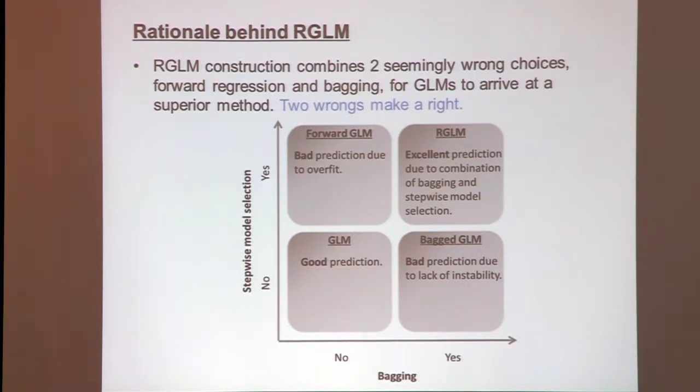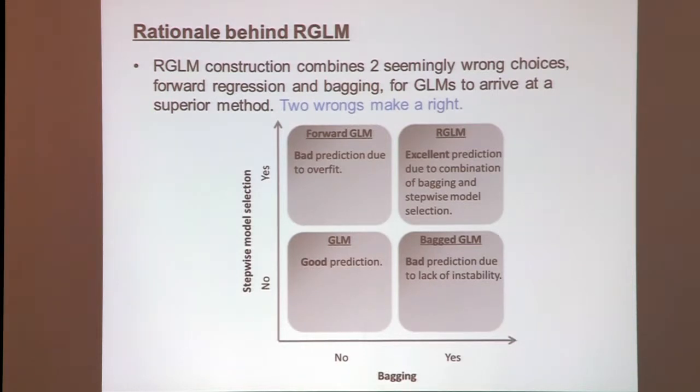The accuracy goes down. On the other hand, let's say you have your logistic regression model and you decide I will bag it by bootstrap aggregation. In other words, you walk along the x-axis and say, yes, I bag the predictor. Then it turns out that this is not a good idea. Why?